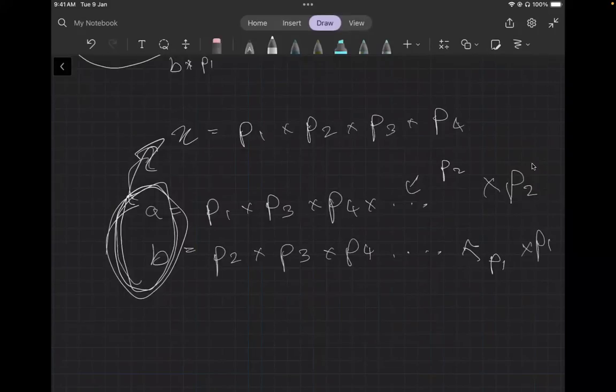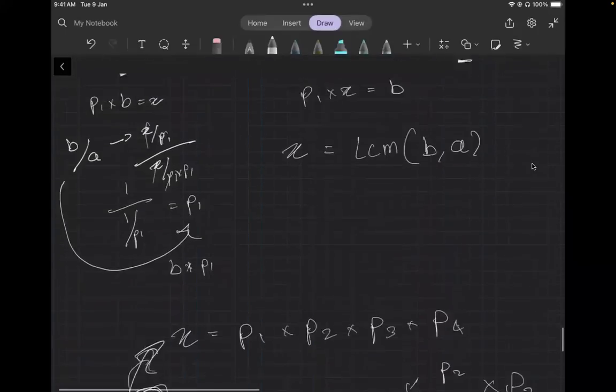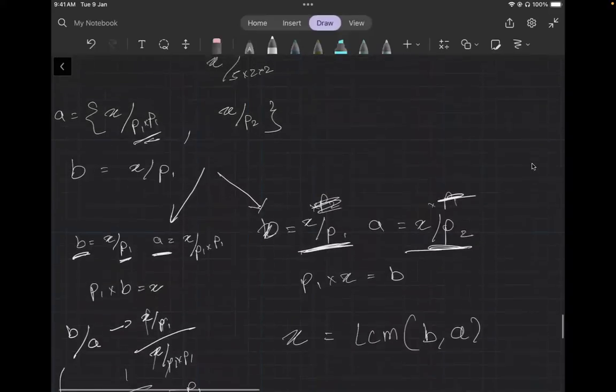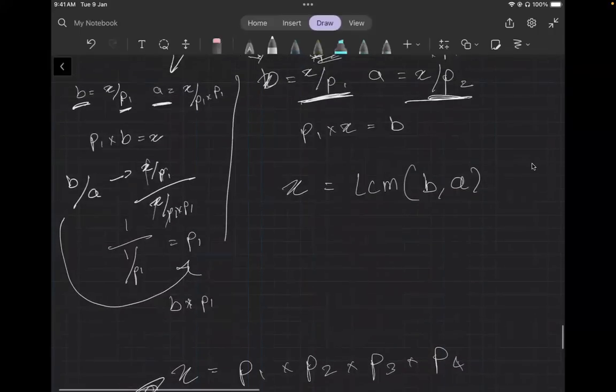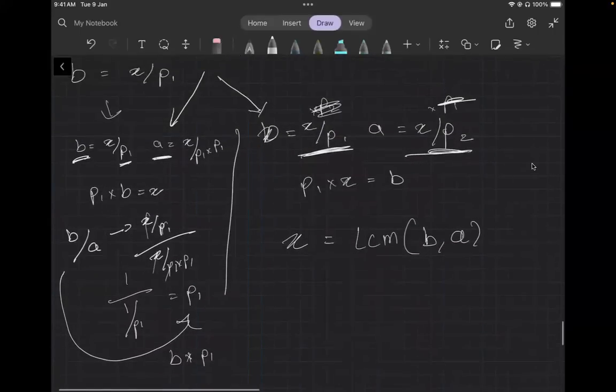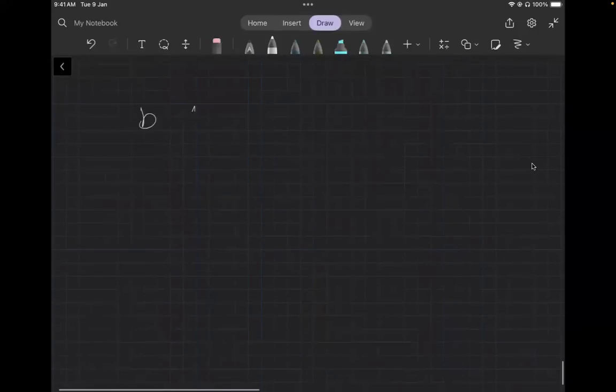So to sum up, we solved for these two cases, okay? Now how do we know which case is which? In this particular case, we knew that we had to do B divided by A. Now, when can we do B divided by A? We can only do B divided by A when B modulo A is equal to 0, right?